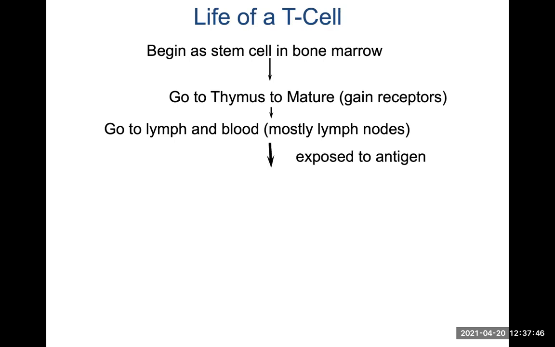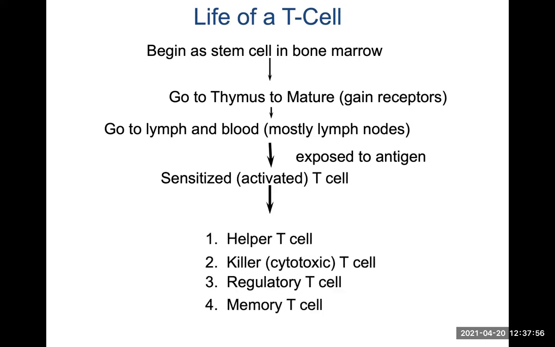If antigen is presented to them, they become activated, and then they could become a helper T cell, a killer T cell, which we call a cytotoxic T cell, a regulatory T cell, which makes sure our immune system doesn't go overboard and cause too much damage to ourselves. And then we also have the memory cells, right?